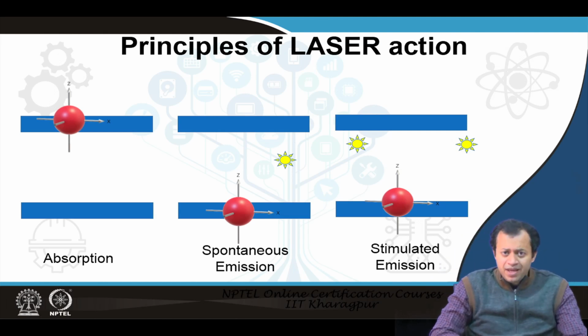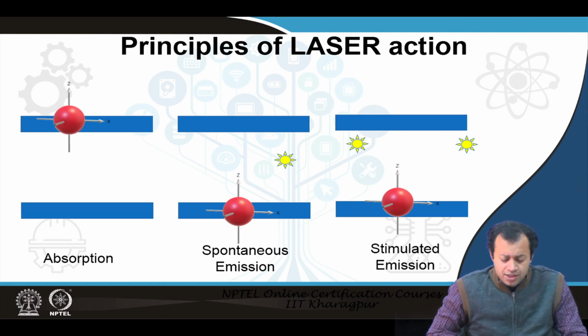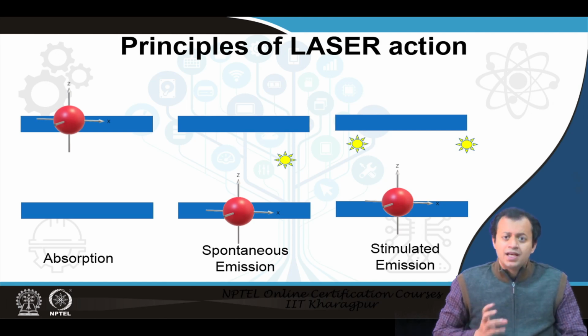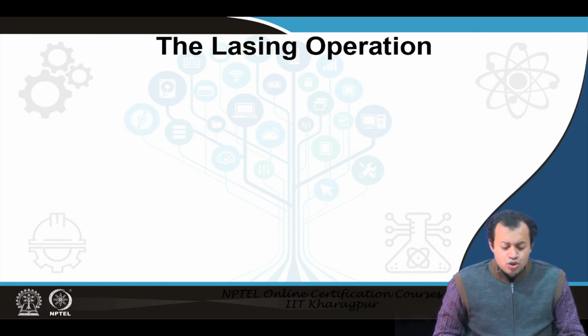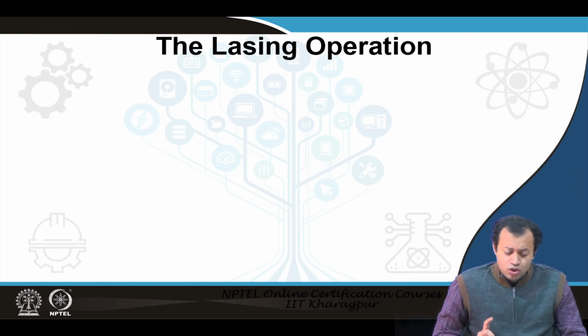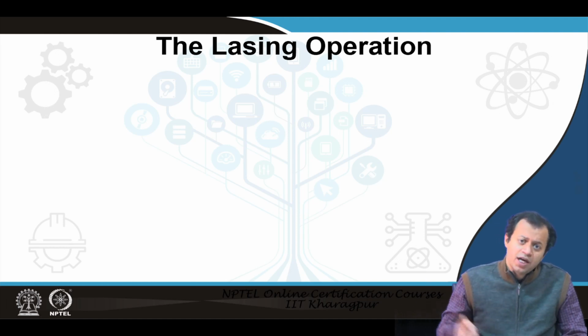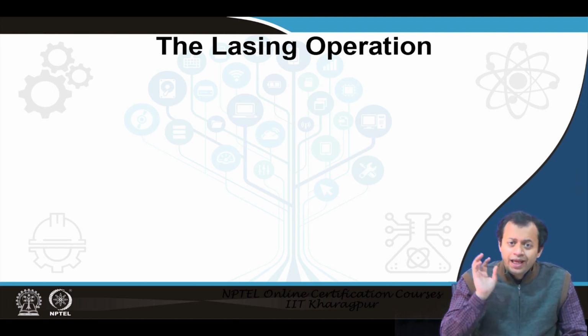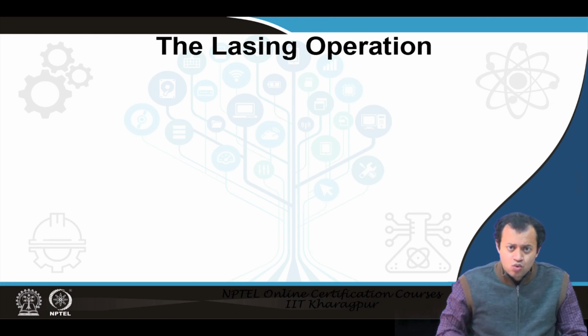So, pay attention to what actually happens in a laser, how exactly a laser operates. Though it is stimulated emission, you will see that all 3, absorption, spontaneous emission and stimulated emission, need to operate one after another for an actual laser to work.